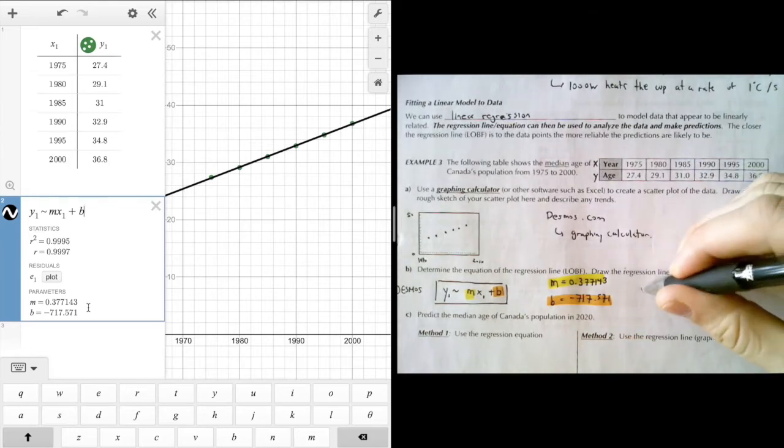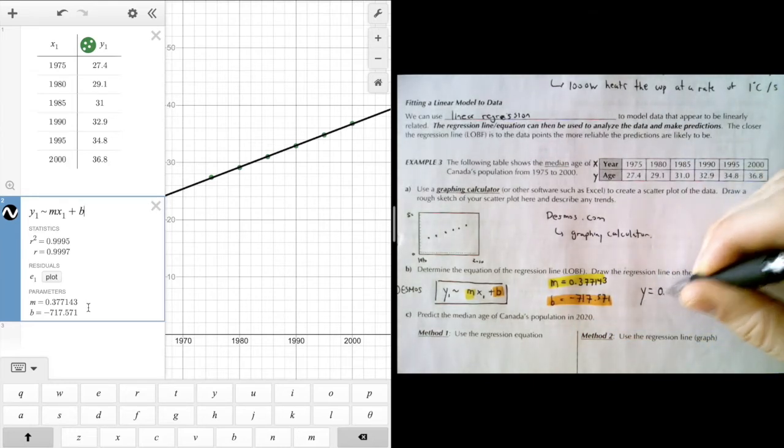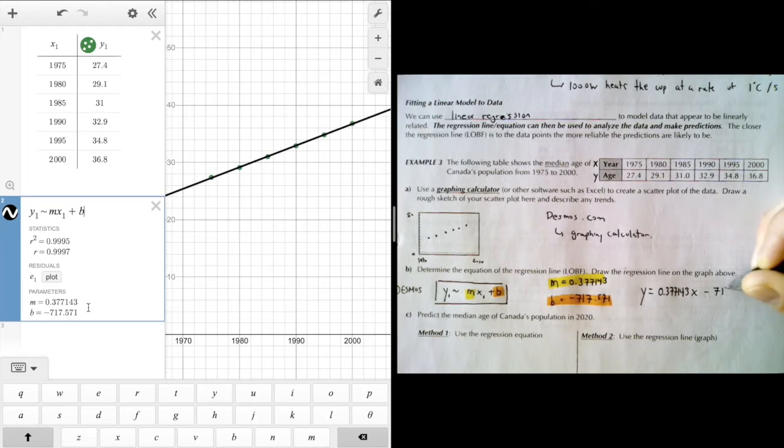So our equation would be y equals 0.377143x minus 717.571. And there's our equation for age and years.